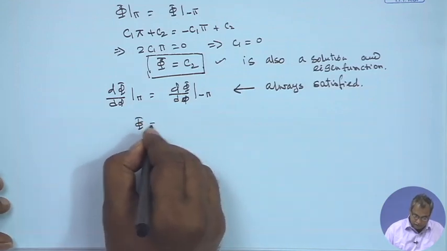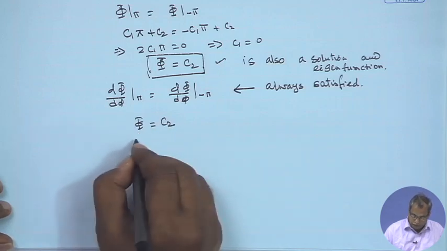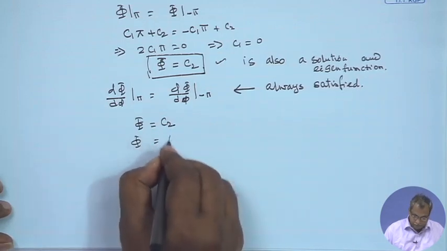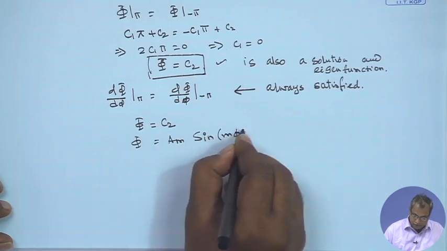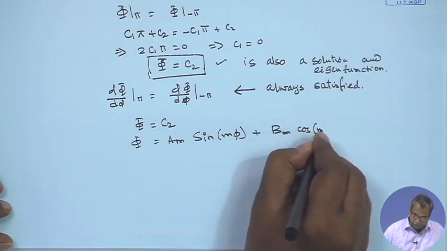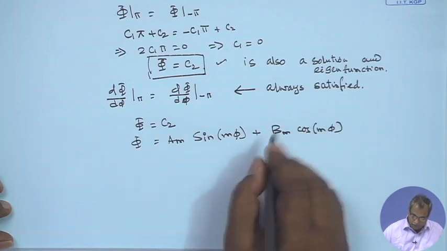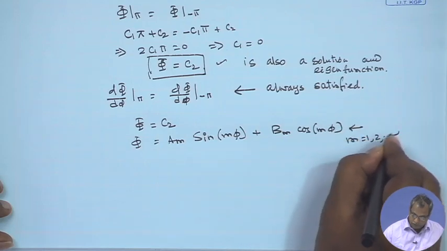One is phi equal to a constant, and another is phi equal to, let us say, a m sin m phi plus b m cosine m phi, where m runs from 1 up to infinity.